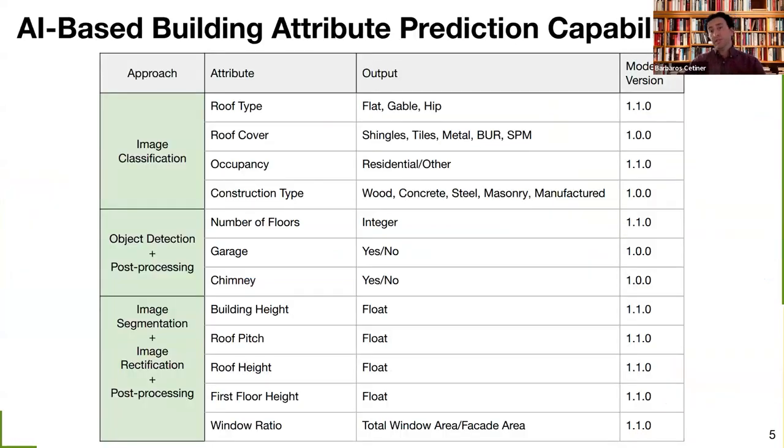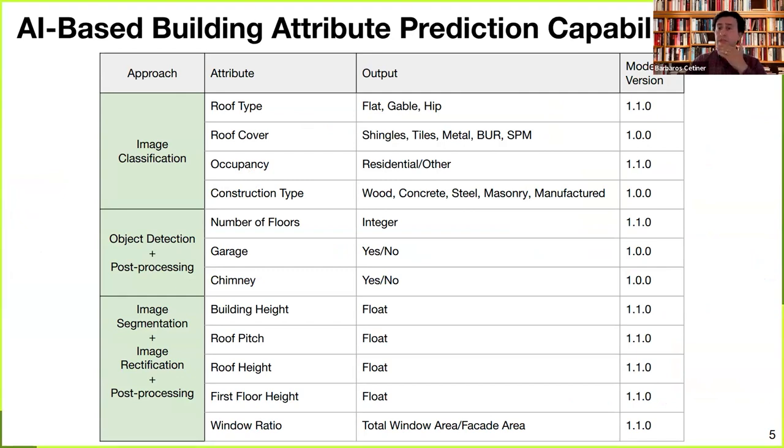Just to give you a gist of the kind of attributes we're talking about, Braille's++ covers right now buildings, transportation assets, and power networks. For buildings, here's a list of the attributes you can get. You can get things ranging from the type of roof on a building, the number of floors.